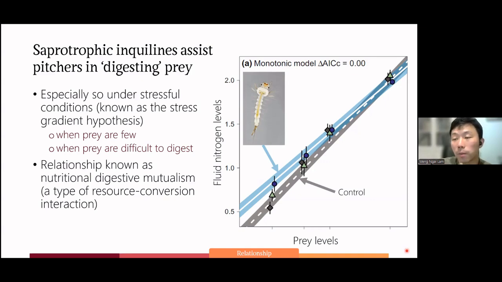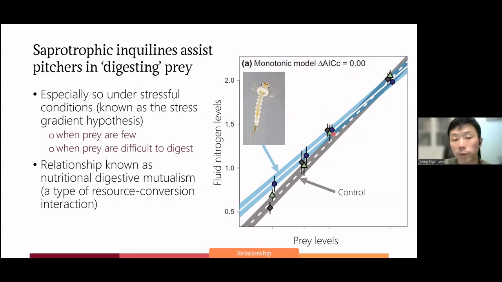These associations are generally more beneficial when conditions are a little bit harsher, when prey are less, or when prey is a bit more difficult to digest because of thick exoskeletons or low surface area to volume ratios. And this assistance provided by inquilines is known as digestive mutualism, or in a more technical term, a resource conversion type of interaction.